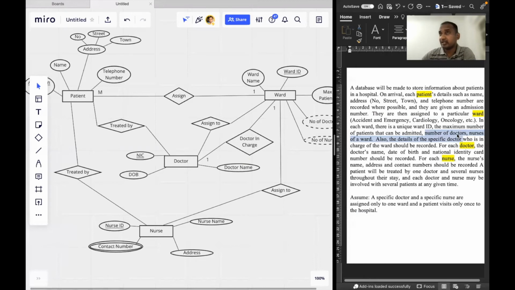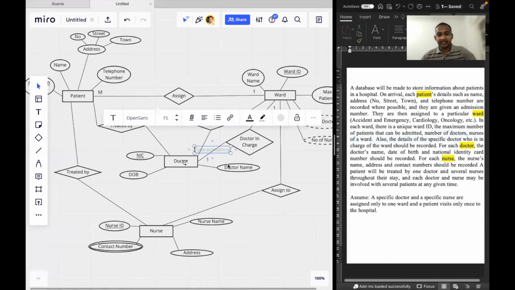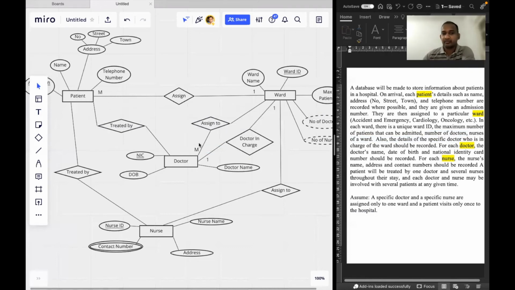That means there can be several doctors, not only one. If you take a particular ward, there can be many doctors. Therefore, you can draw it likewise. Here, many. There can be many doctors.